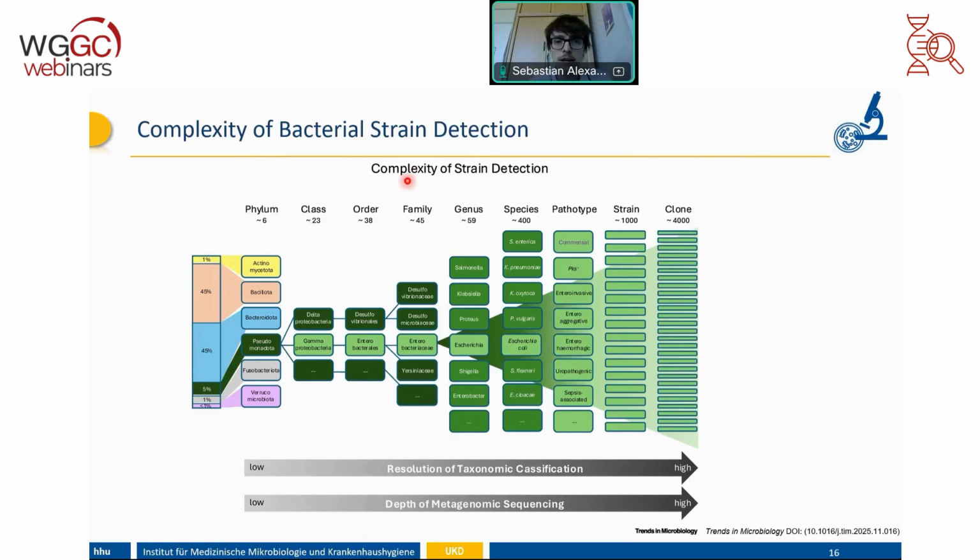When we look at the complexity of the bacterial taxonomy, we start with phylum, and we ended at the species level and analyzed the species level, but that doesn't stop. We have different pathotypes for Escherichia coli, and then for every pathotype, different strains.